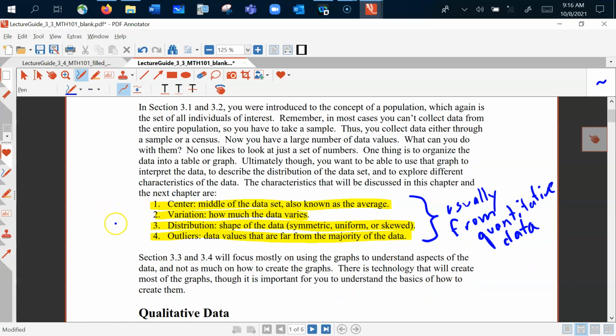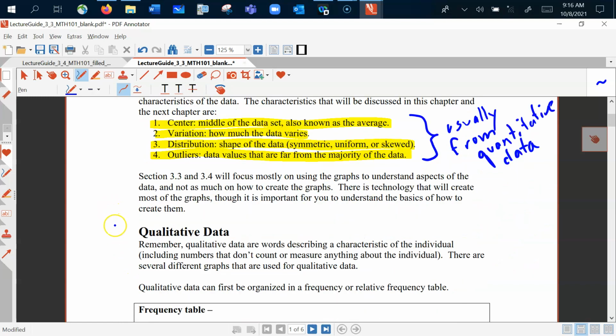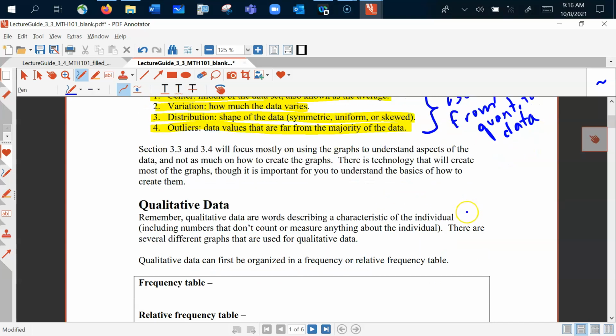Now in 3.3 and 3.4, we'll be looking at graphs and understanding the aspects of these graphs. But we're not going to focus so much on making the graphs per se. There's technology out there to create these graphs, although it is important to understand the basics of how they're made.